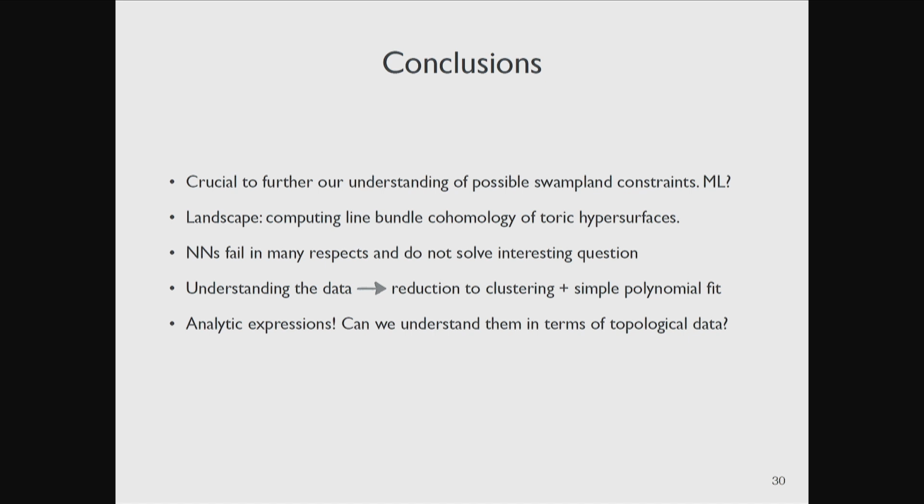We showed that neural networks fail in many respects if we want to compute these line bundle cohomologies. And we proposed our alternative algorithm to classify these phase boundaries and fit polynomials instead. It's actually exciting that we find analytic expressions with some rational coefficients that would be interesting to understand also. We don't know how to compute these. In Hirzebruch-Riemann-Roch, you just compute some intersection numbers, but how these rational numbers arise is not clear to us. Maybe it's clear to some of you who've worked on this a bit more.